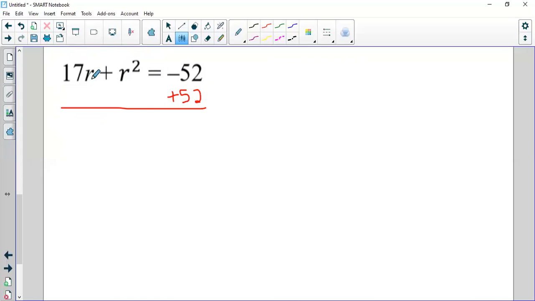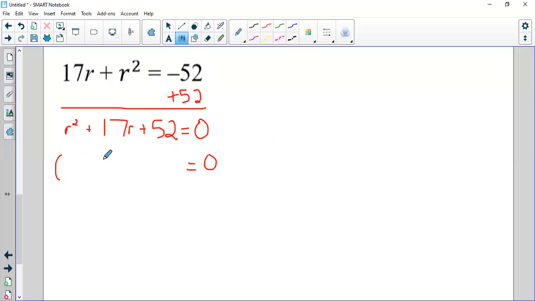I'm not going to put 17r first. I will put my r squared first, then my plus 17r, and then my plus 52, and it will equal zero. I can now use my zero product property and factor my trinomial.